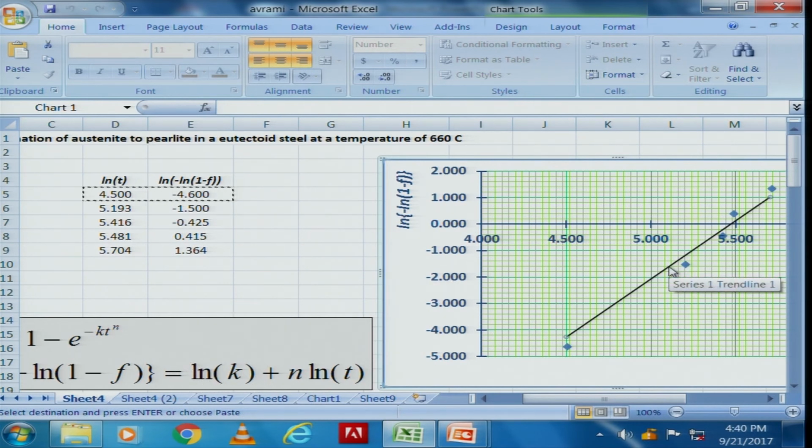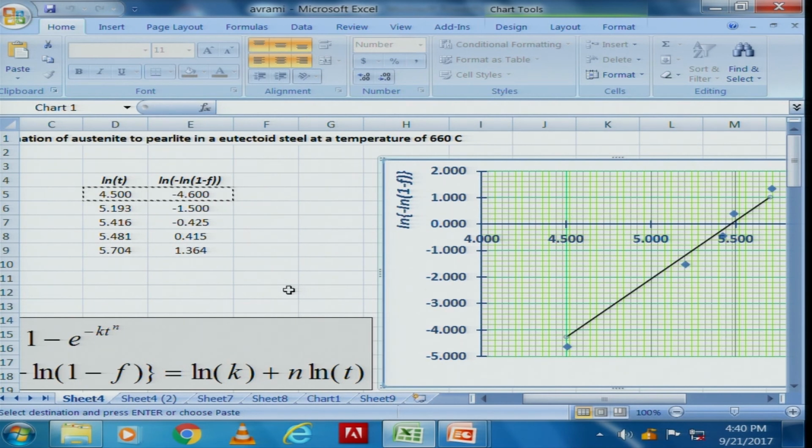So, finding the best line essentially involves finding out the intercept and the slope, and from that I get my Avrami parameters. So, my problem at hand now is, what are the best so-called best values of the coefficients n and k.